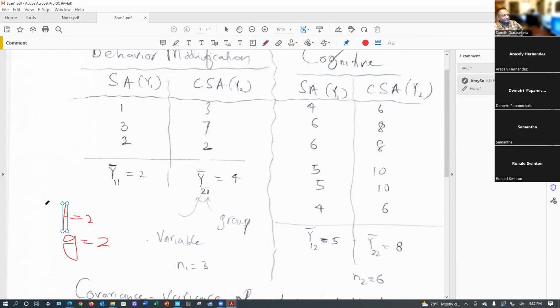They both are 2 and 2. If you have 3 groups, you can say G equals 3. If you have 4 variables being given, like test 1, test 2, test 3, test 4, where 4 tests are being done under the cognitive procedure, 1, 2, 3, 4, then you have P equals 4, G equals 2.